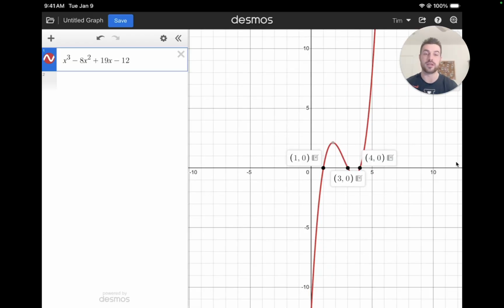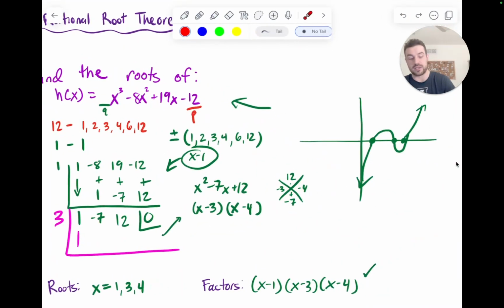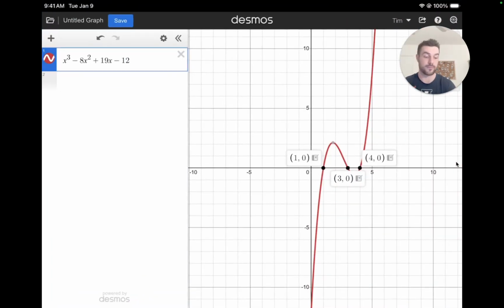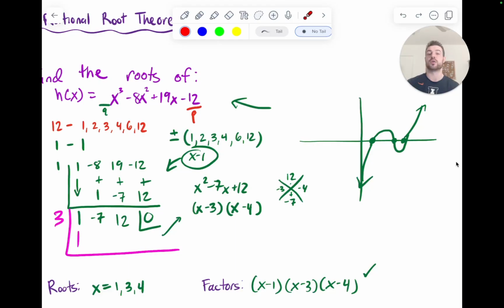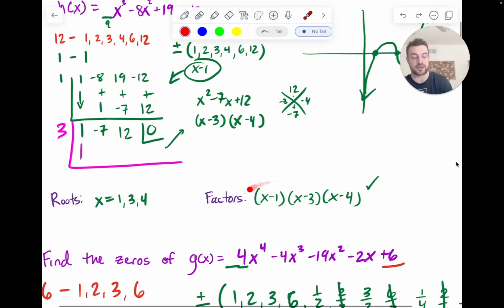So the 1 is what I started with right here. That's how I knew to start synthetic division with 1. And then we can go from there. I could have used 3 or I could have used 4. So we essentially look at the graph to figure out where we should start our synthetic division so we can start to break apart our original polynomial down into its factored form, because that helps us find our roots.